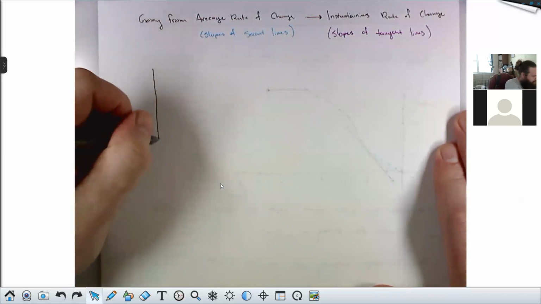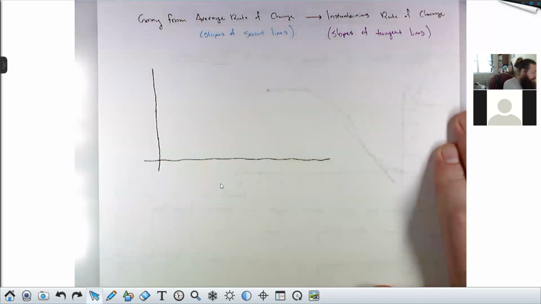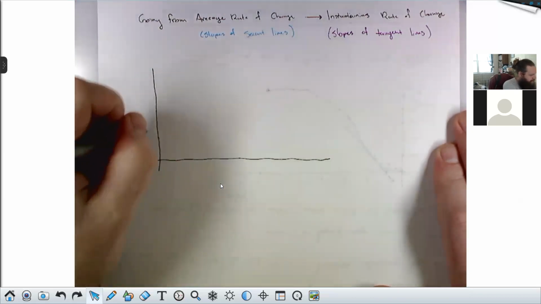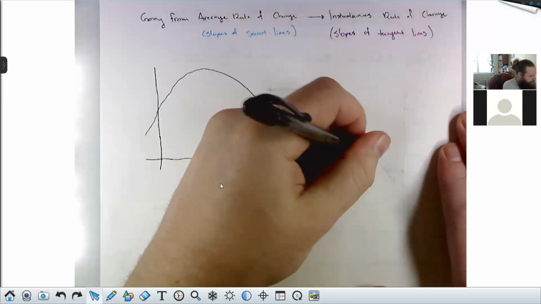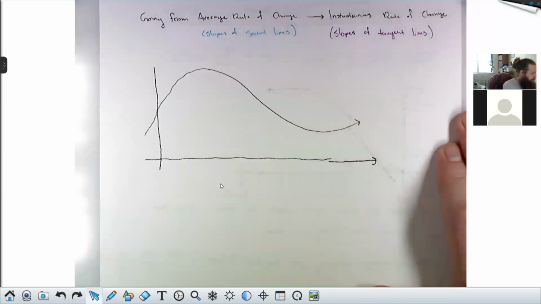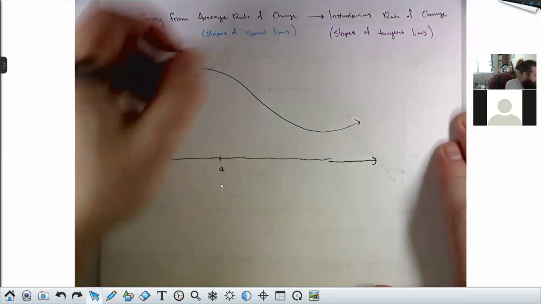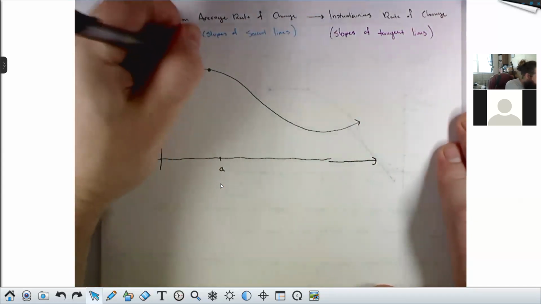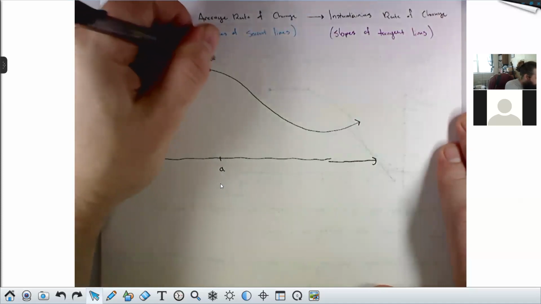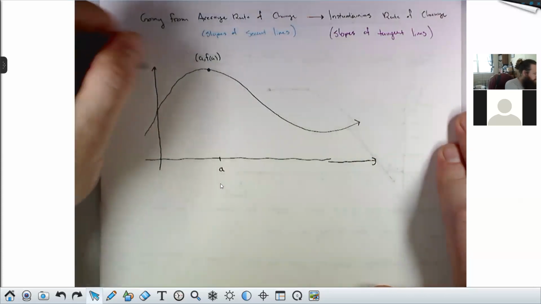I'm going to draw a picture that should be somewhat familiar to you, the secant line picture. But this time, call this right here A. And the point on the graph right here is A, comma, f of A. So the graph, I'm sorry, the graph is of the function f of x.